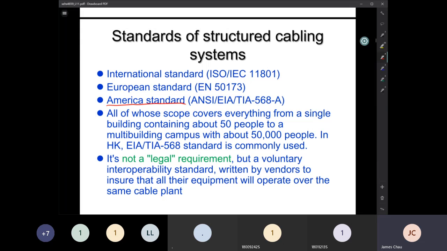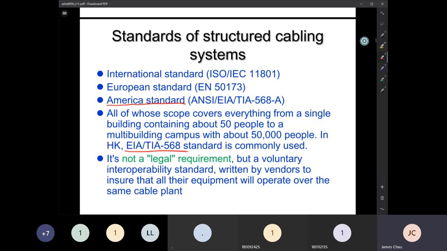We have many standards that we can follow, and whether you have a building containing about 50 people or a campus of about 50,000 people, you can follow the standard. In Hong Kong, we mainly follow the American standard. Therefore, when you go out for work, you may familiarize yourself with this standard.